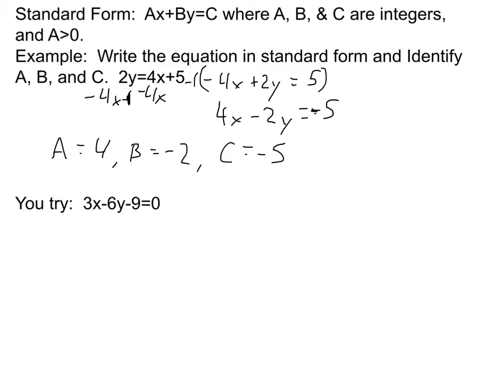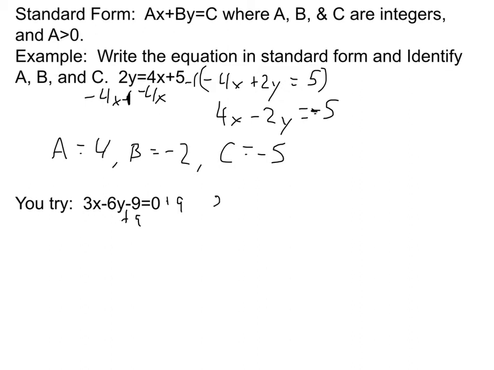Okay, I want you to hit pause and give this next one a shot. 3x minus 6y minus 9 equals 0. Go. Okay, hopefully you saw you've got your x's and your y's on the same side right now, but this minus 9 is not on the other side. So we need to move it over. To get subtraction over, we add 9 to both sides.